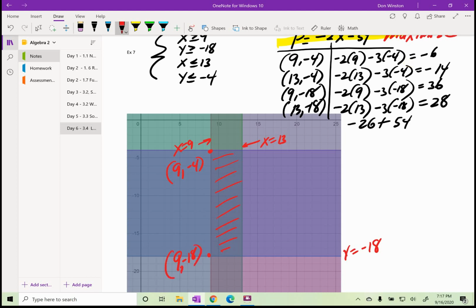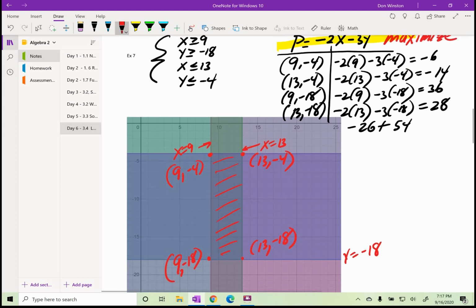So that's that corner point. And then this corner point here, well, that's x is 13 and y is -4. In this corner point here, again, this is x is 13, and y is -18.